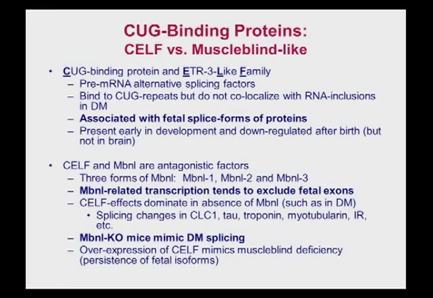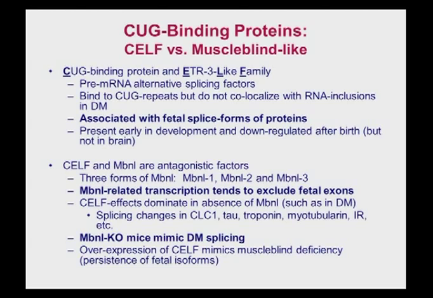So what's the significance of these expansions? There are some proteins that can bind to these CUG sites. There is one called CELF, which stands for CUG-binding protein and ETR3-like family, whatever the heck that means.